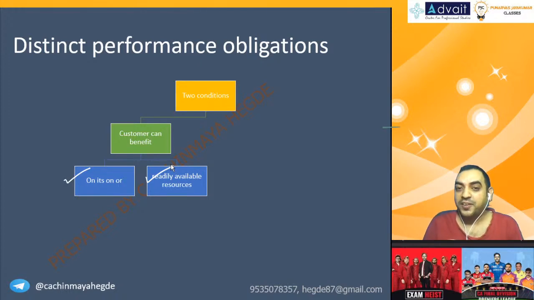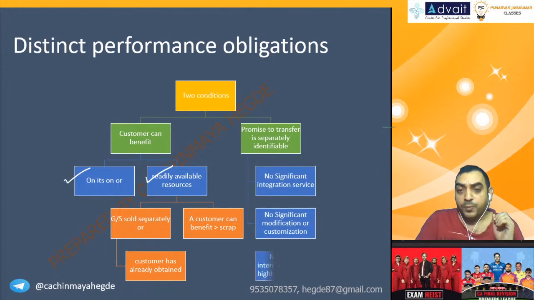What do you think will happen here? Blueprint I will see, if I am okay with the cost, then I will go with him. Otherwise, I'll keep the blueprint with myself, I'll go to somebody else. So the blueprint part is one product, construction is another product. So we can't straight away say that this is distinct or not. In many cases, circumstances have to tell us.